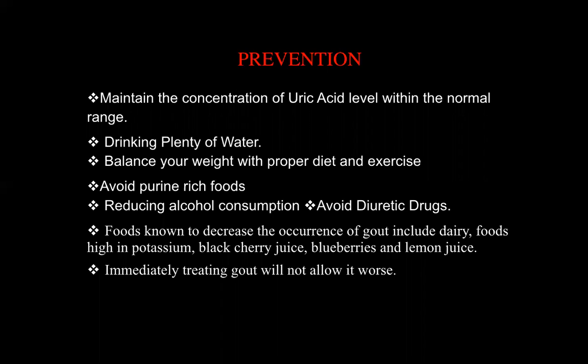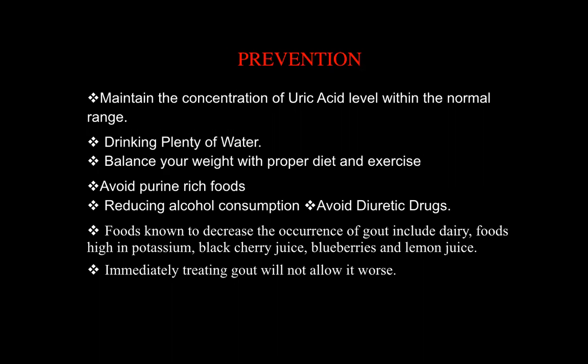Prevention. If we have this disease, or we don't want to get this disease, we have to monitor the concentration of uric acid level within the normal range. Drink plenty of water. Balance your weight with proper diet and exercise.